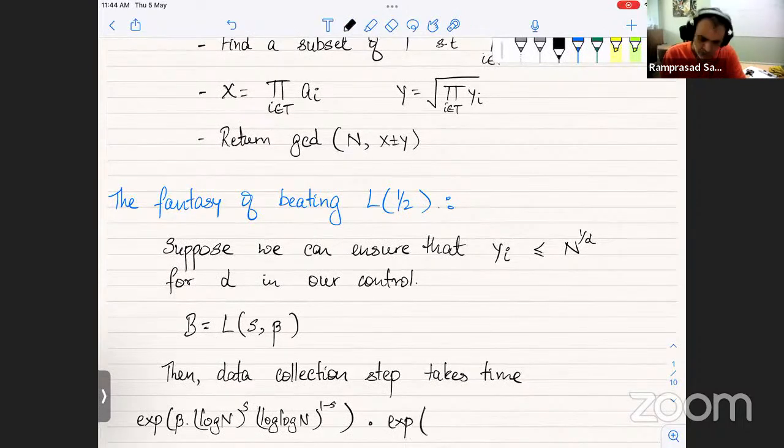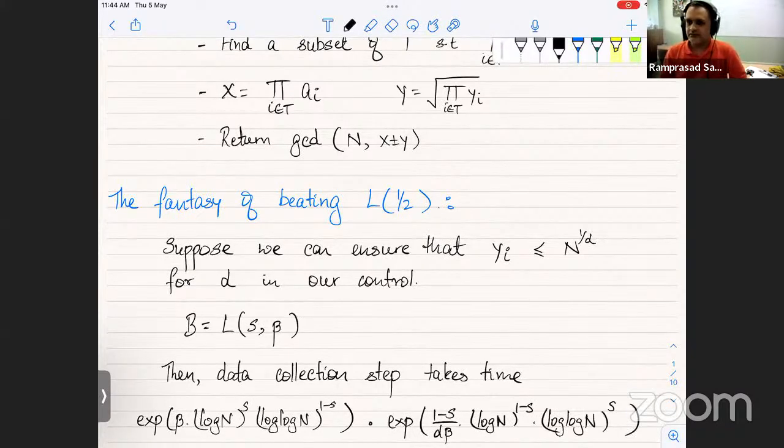If you recall, this is going to be 1 minus s by d, beta, into log n to the 1 minus s, log n to the s. This comes from the fact that you are working with things up till n power 1 over d, which I'm approximating by writing it as L of 1 comma 1 over d.